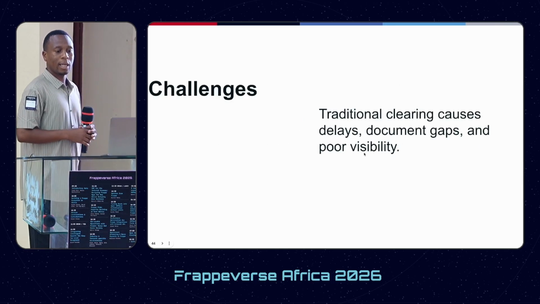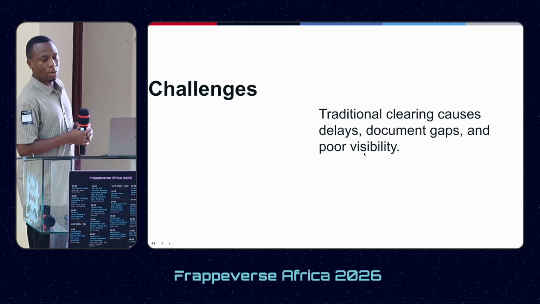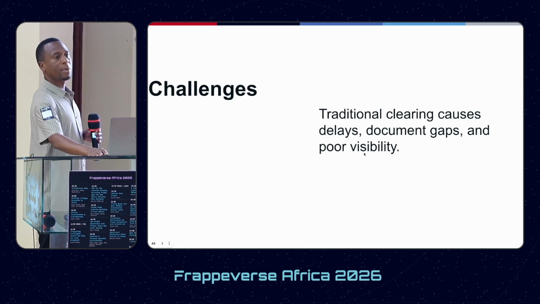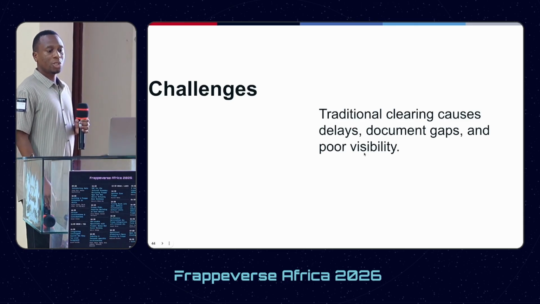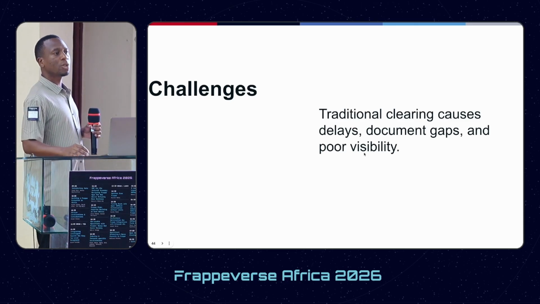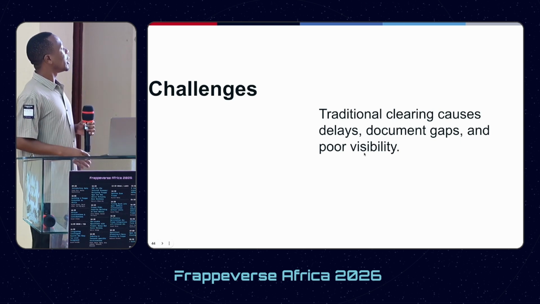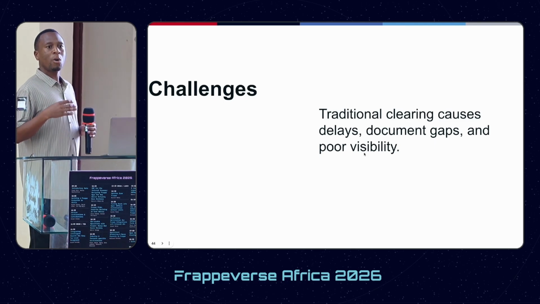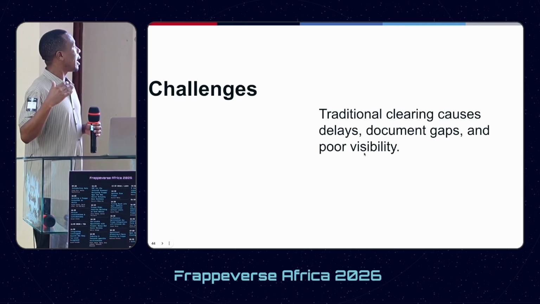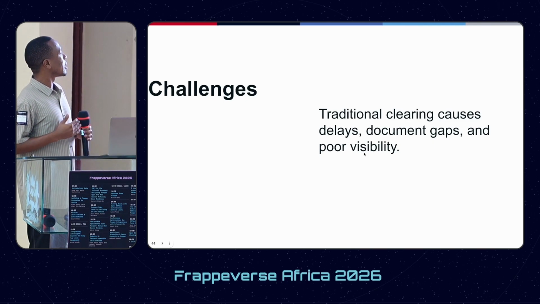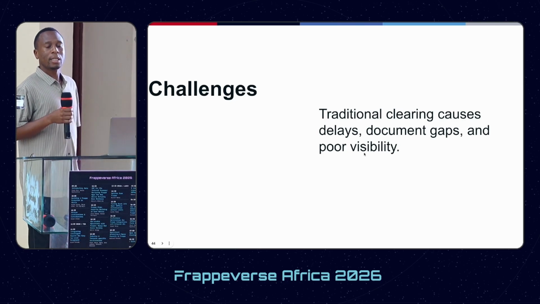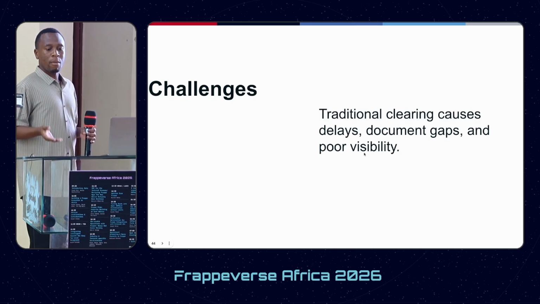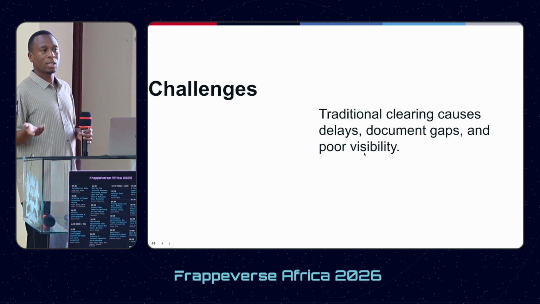So what are the difficulties that appear in traditional clearing and forwarding? In traditional clearing and forwarding, the shipment data is always scattered in emails, in spreadsheets, and in manual turnaround work.